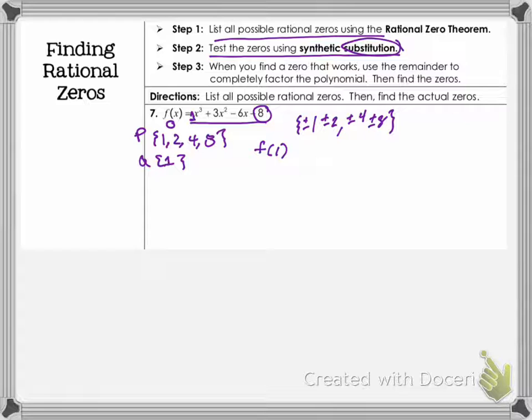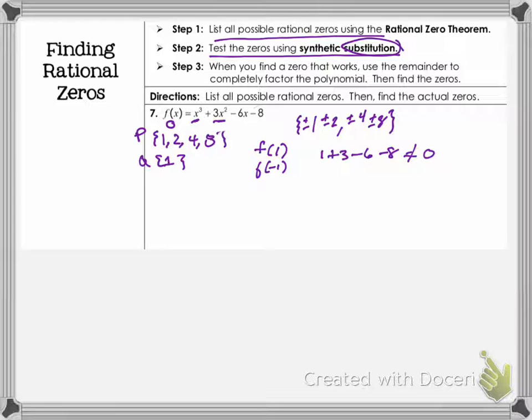You can choose to do synthetic if you want, but looking at this, I can just stick a 1 in here: 1 plus 3 minus 6 minus 8. And that's not going to be equal to 0. So 1 doesn't work. And I'm going to do f of negative 1 just without doing synthetic division or synthetic substitution, because it's easy for me.